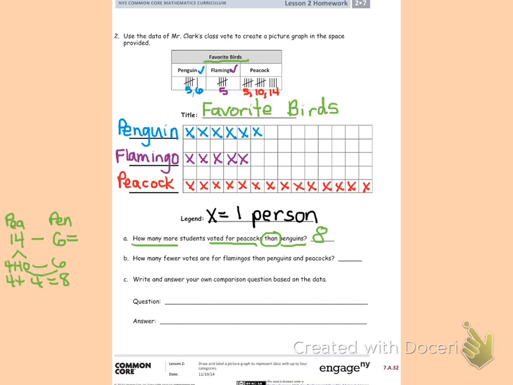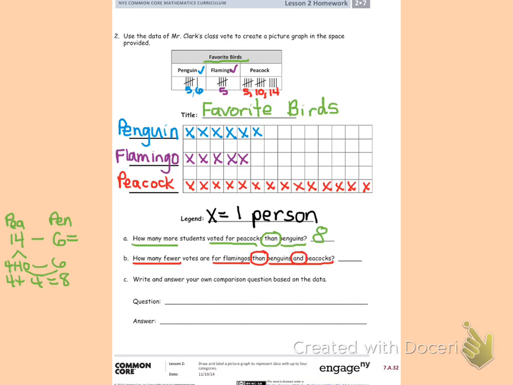Now it says, how many fewer votes are for flamingos than penguins and peacocks? All right, underline how many fewer for flamingos. I like to circle the word than, penguins and peacocks.